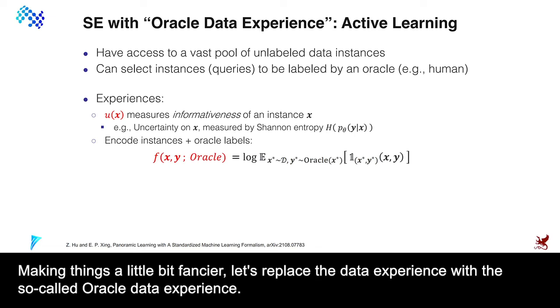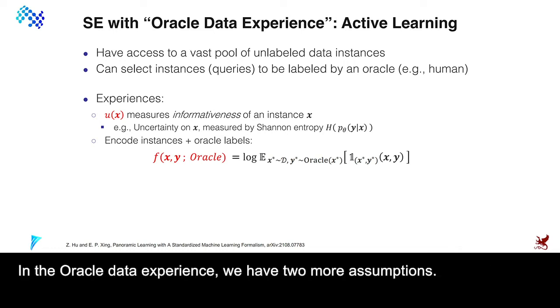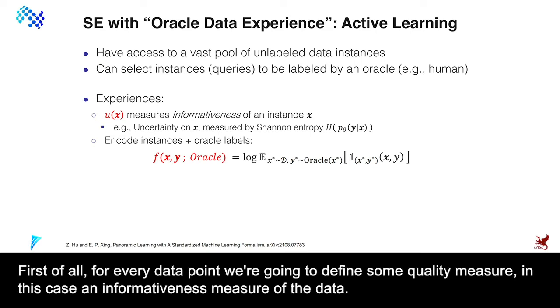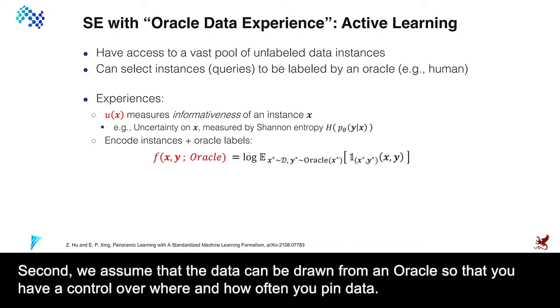Making things a little bit fancier, let's replace the data experience with the so-called oracle data experience. In the oracle data experience, we have two more assumptions. First of all, for every data point, we define some quality measure, in this case, an informativeness measure of the data. The second, we assume that the data can be drawn from an oracle so that you have control over where and how often you obtain the data.